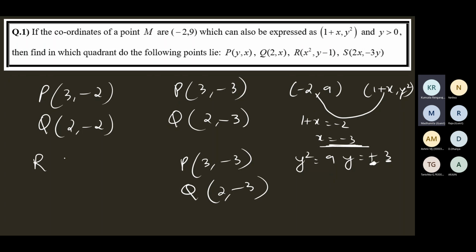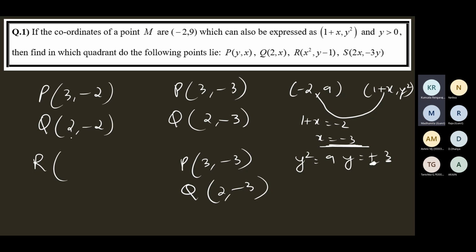What are the coordinates of r, Raja? Ma'am, minus 9 comma 2. Minus 9? Ma'am, plus 9 comma 2. Raja, why minus 9? Tell me. Sorry.